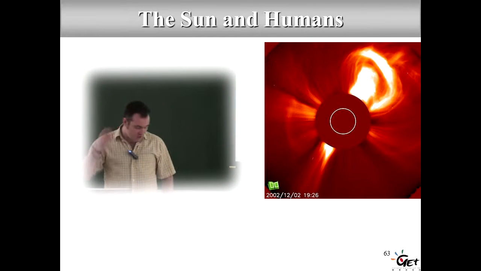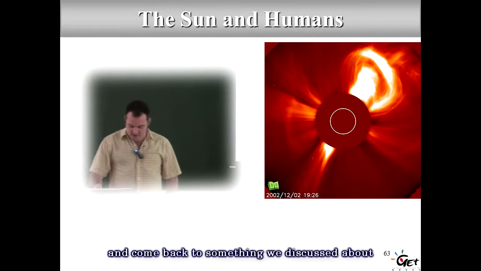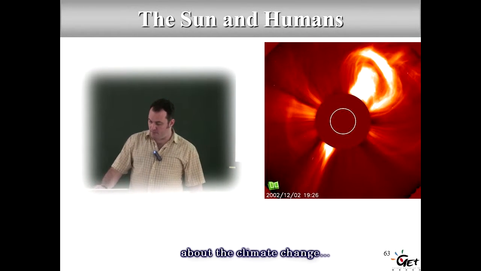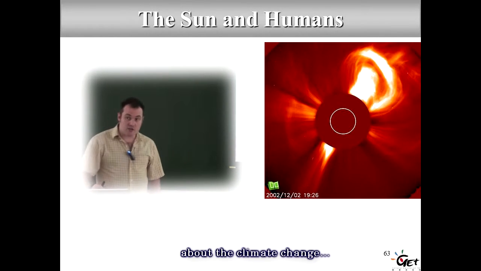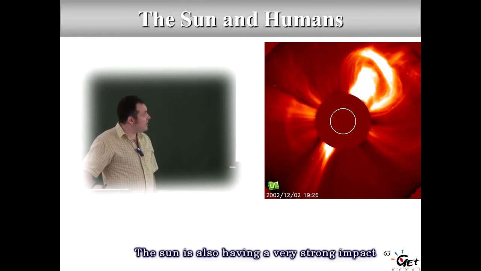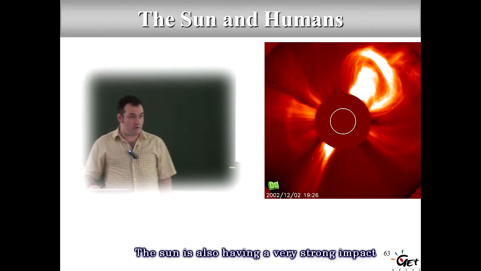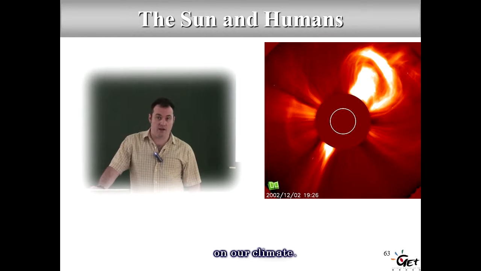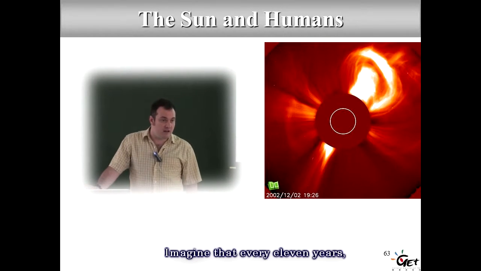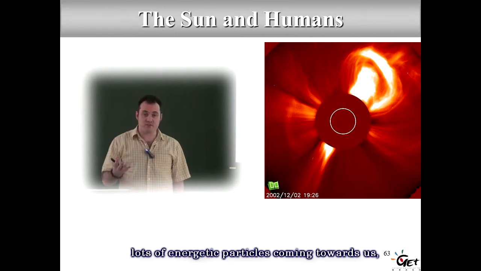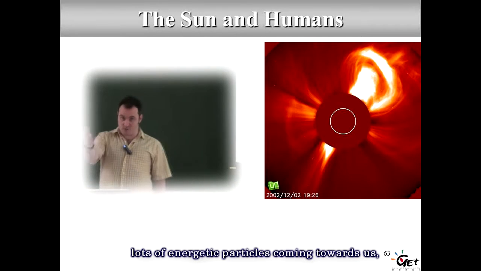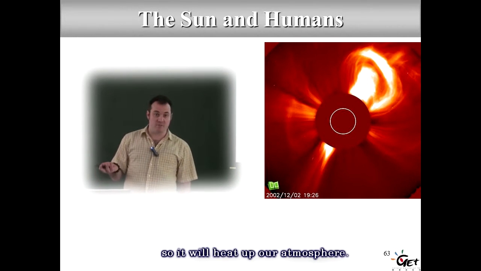So to finish, and come back to something we discussed a few weeks ago about climate change: the sun is also having a very strong impact on our climate. Imagine that every 11 years you have lots of energetic particles coming toward us. So it will hit our atmosphere.